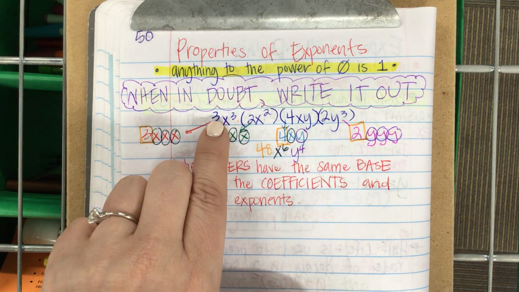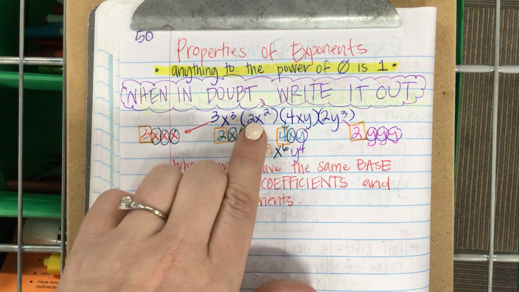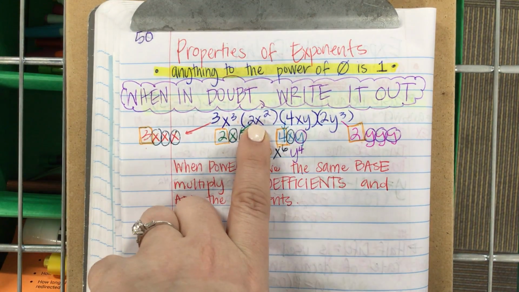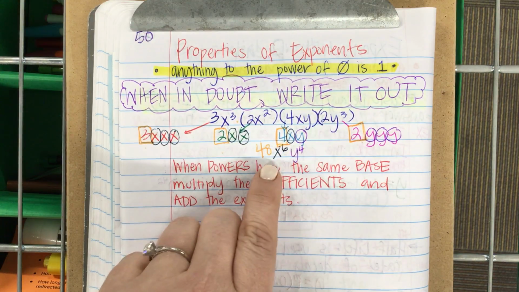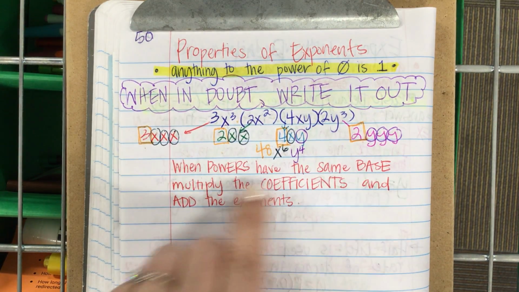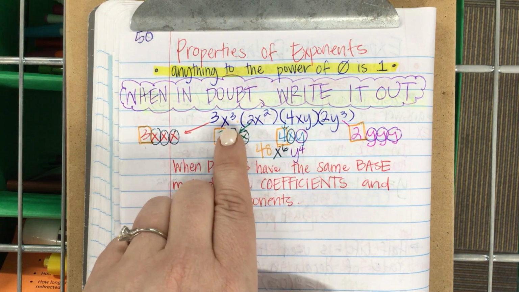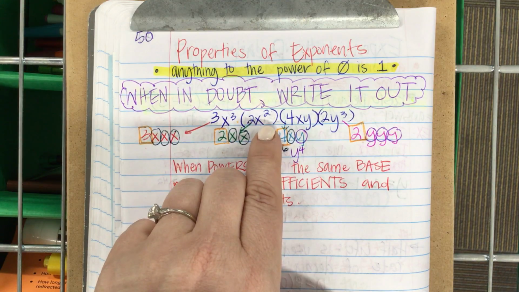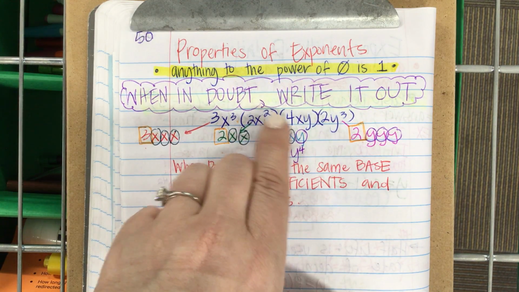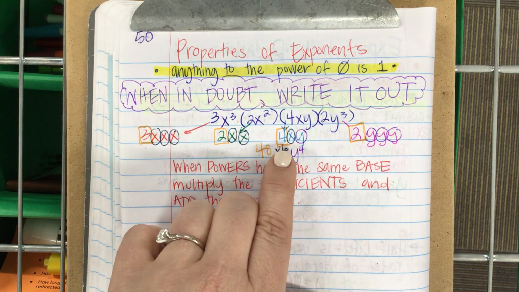So if I look at this original problem, when powers have the same base, multiply the coefficients. 3 times 2 times 4 times 2: 3 times 2 is 6, times 4 is 24, times 2 is 48. And add the exponents. So I'm looking for the same base. x to the third, 3 plus 2 is 5, plus 1 more x is 6.